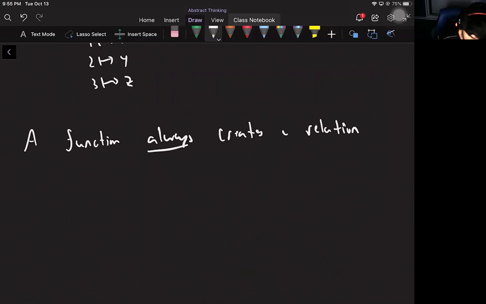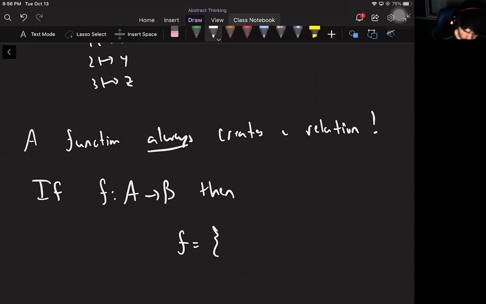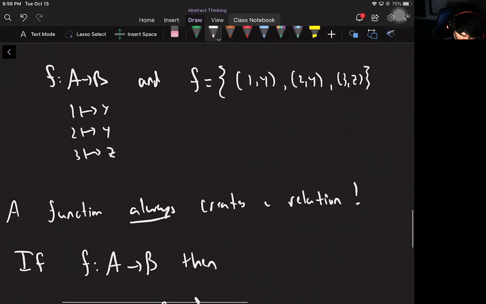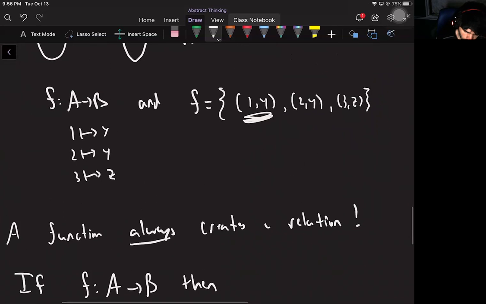So here's how. If you have an arbitrary function from A to B, then the relation way of saying that function, well, the ordered pairs that you get are really just what you plug in and what is outputted.